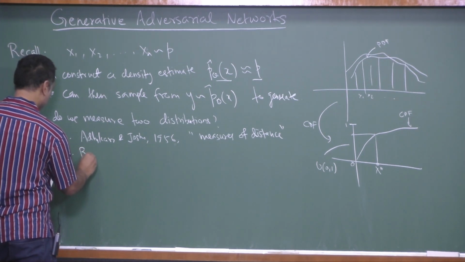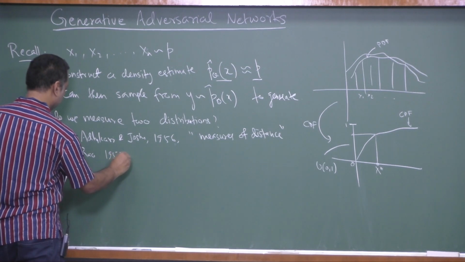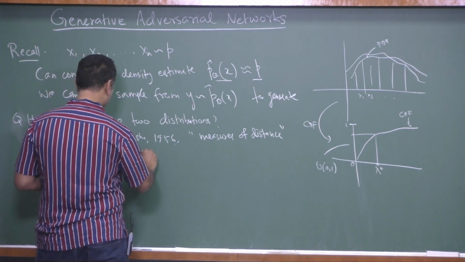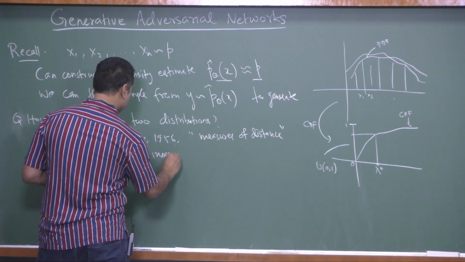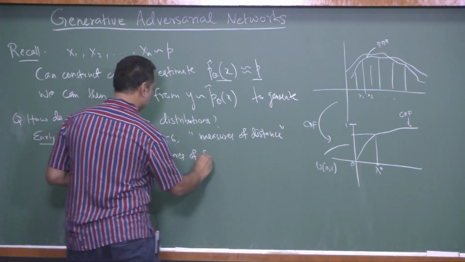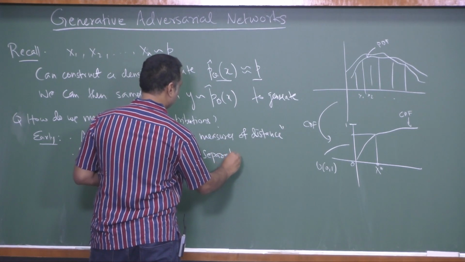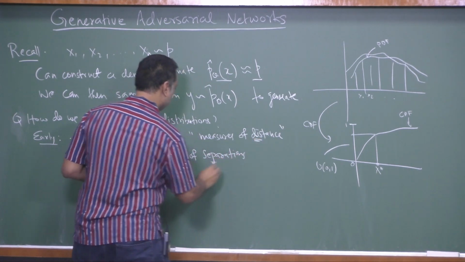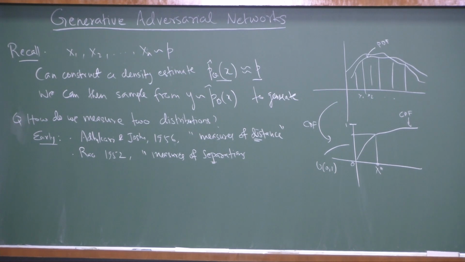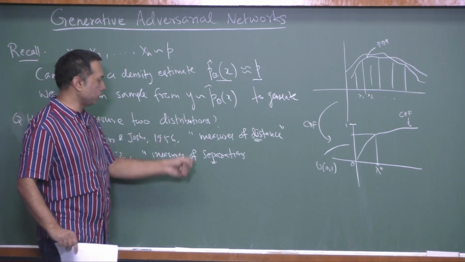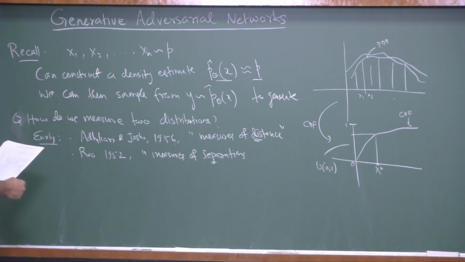And there is one by Rao, 1952, in his paper, Measures of Separation. So these are a bit synonymous, but sometimes with different applications. They may be doing probability distribution comparison in signal processing or in some other area like information theory and so on. But all were essentially trying to measure a pair of distributions.